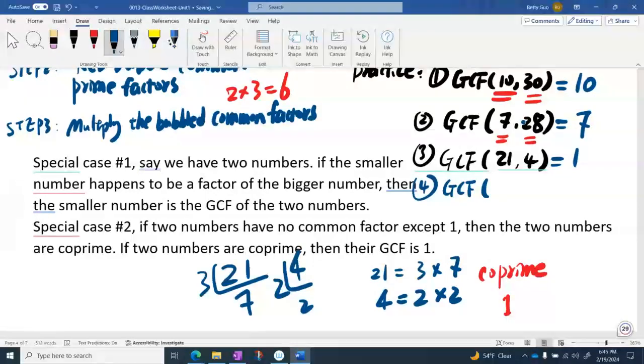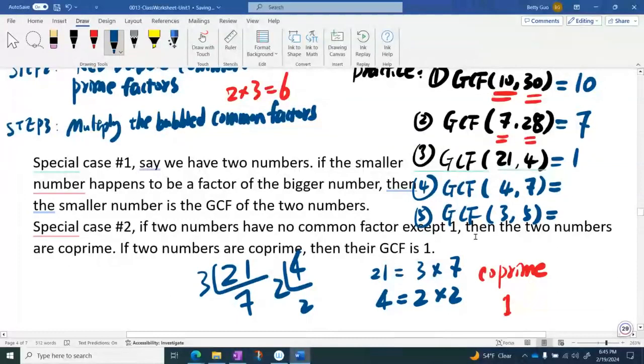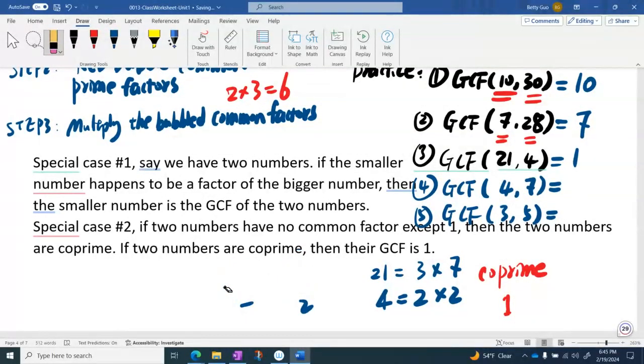Let's try 4 and 7. Anybody can help me to find the GCF of 4 and 7? What's the GCF of 4 and 7?